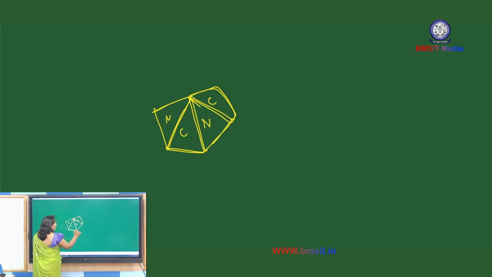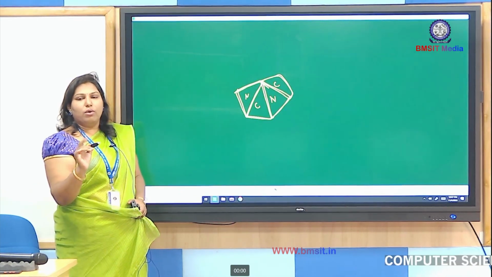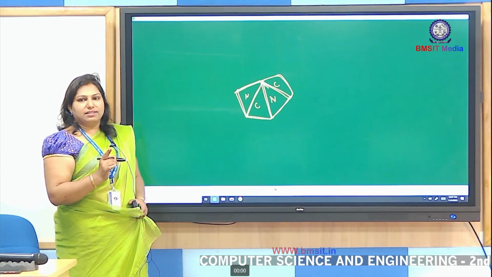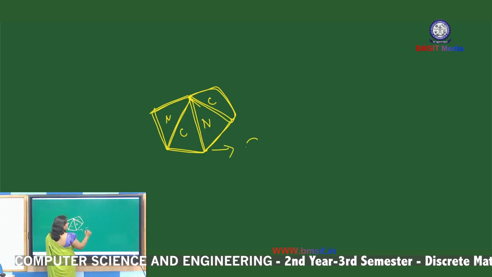How do we find a solution without traversing an edge twice? Only once it has to traverse all the edges. So for this problem, we are going to use the concepts of graph.